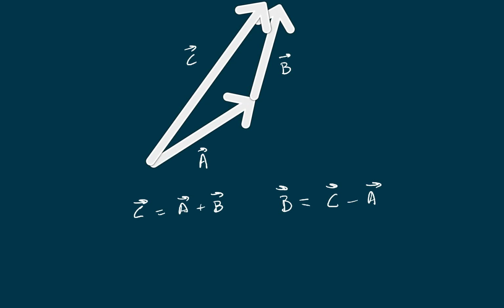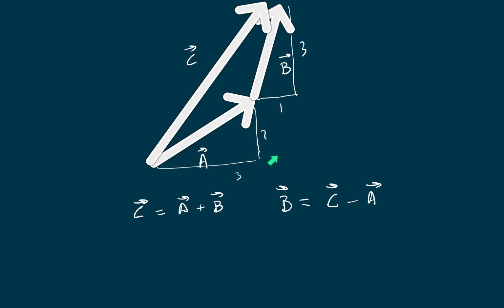What we are saying is that if A and B are displacement vectors, if A displaces 3 meters in the x direction and 2 meters in the y direction, and B displaces 1 meter in the x direction and 3 meters in the y direction, how much will C displace in the x direction?